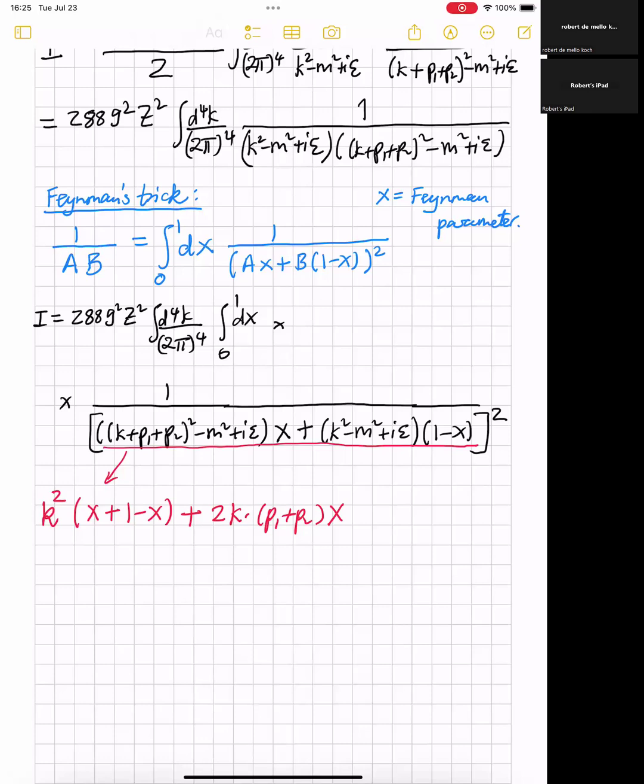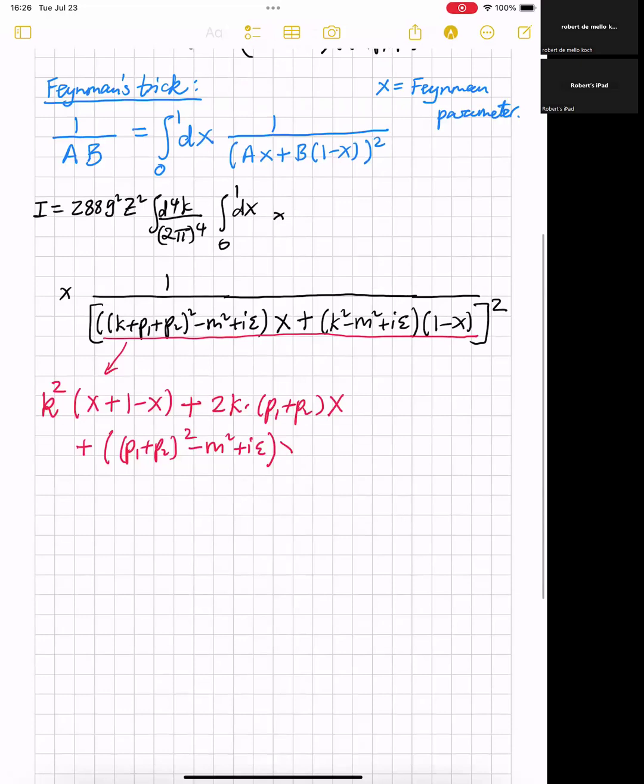From the first bracket, we'll get (p1 plus p2) squared minus m squared plus i epsilon, and all of those terms multiply into x. And then plus, from the second bracket, we've got minus m squared plus i epsilon, and this multiplies into 1 minus x. Good. We will continue in a moment.